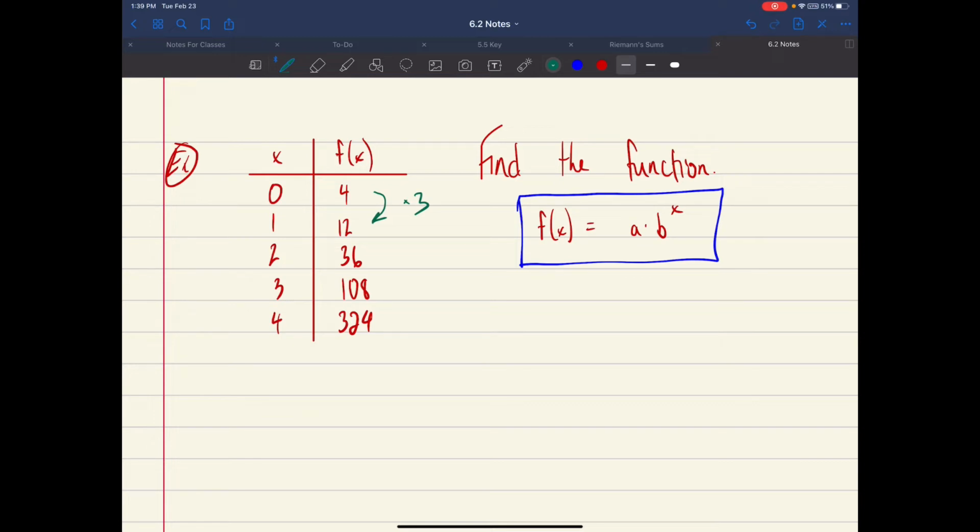So as 12 goes to 36, what do you multiply 12 by to get 36? 3. 36 times 3 is 108. And 108 times 3 is 324. Okay, so I know that my b value is 3. So this is definitely 3.